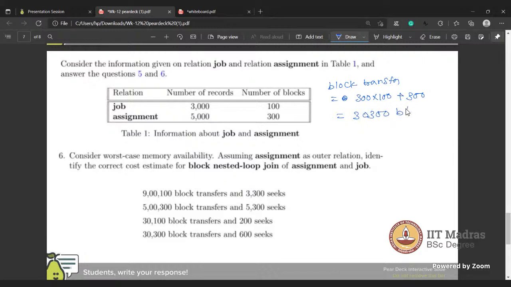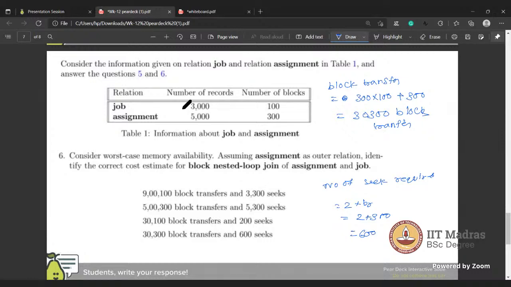And the number of seeks required is 2 into the number of outer blocks, 2 into BR. So 2 into 300, it will be 600. Everyone got it?